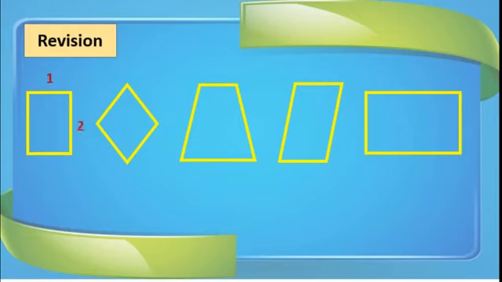This is the first, second, third and fourth. Right? This figure has 4 sides. Now we will count the sides of one more figure, that is 1, 2, 3 and 4. I think you came to know the similarity.